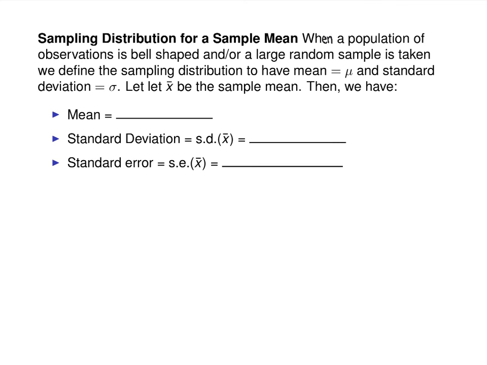When a population of observations is bell-shaped and or a large random sample is taken, we define the sampling distribution to have mean mu and standard deviation sigma. Let x bar be the sample mean. Then the mean is still given by the true population mean, much like in the previous situations where the mean was the true population proportion. Now the standard deviation of x bar, how much x bar is going to vary, is given by sigma over square root of n.